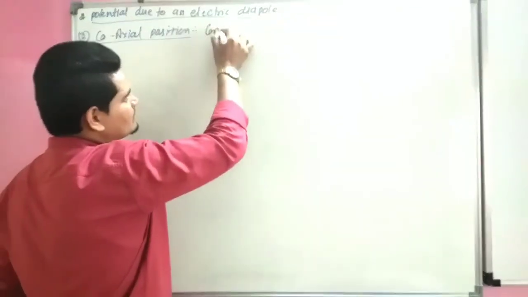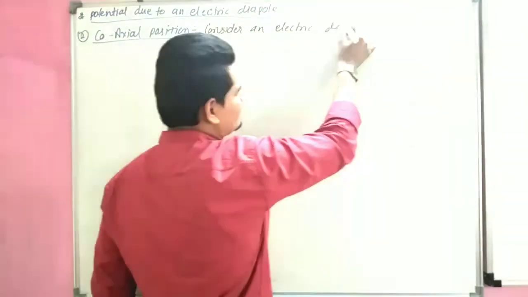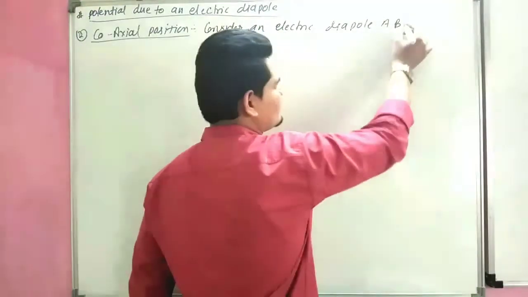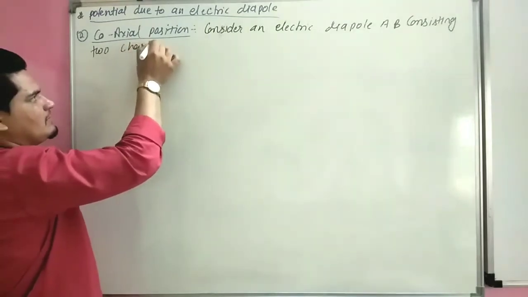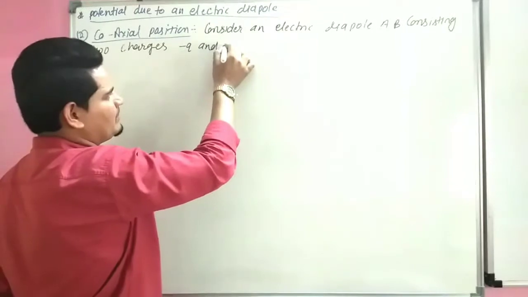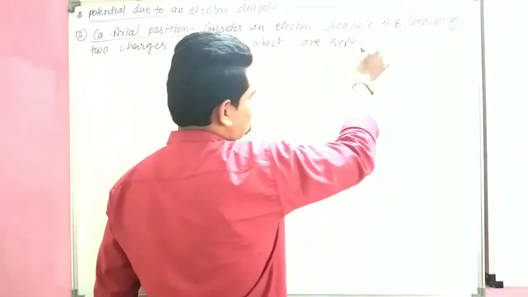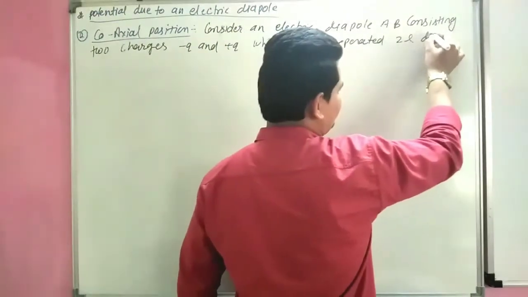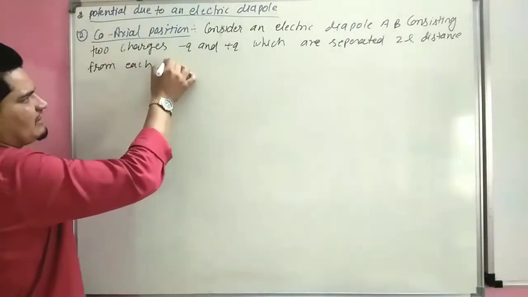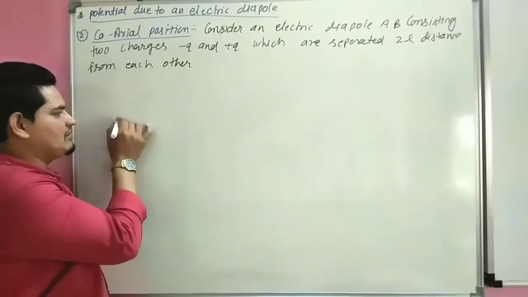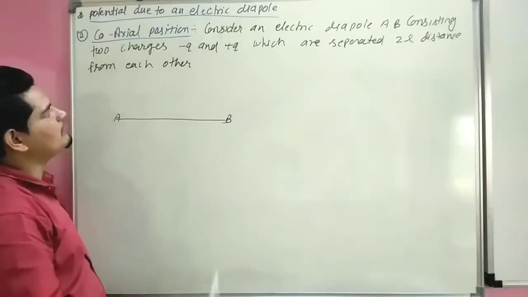Consider an electric dipole AB consisting of two charges minus q and plus q, which are separated by a distance 2L from each other.